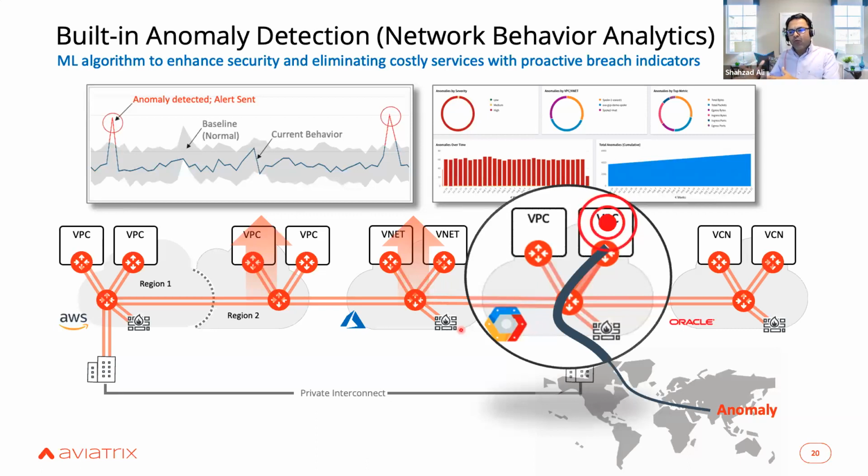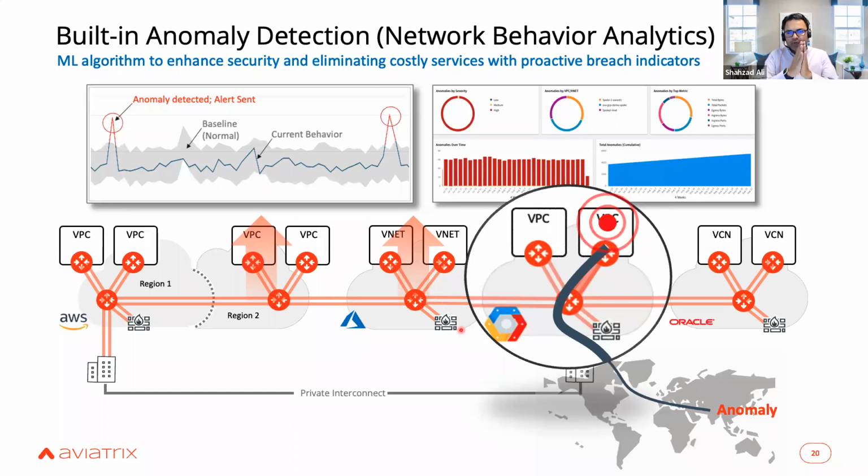A similar idea is implemented here for the network with our machine learning techniques and algorithms, where we detect anomalies in the network. If there is an anomaly, we'll detect it and tell you that there is some abnormal behavior happening in your network, coming from outside or maybe from inside, but this is not normal.